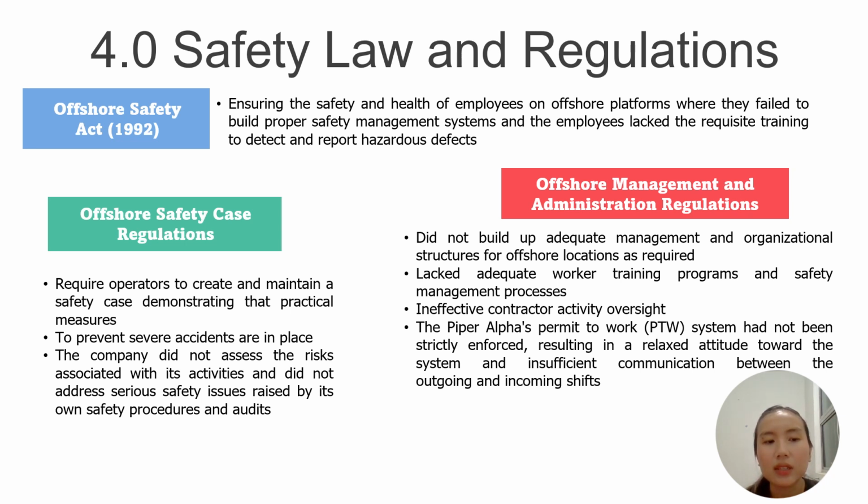The organizations violated the Offshore Safety Act of 1992, which established the legislative framework for ensuring the safety and health of employees on offshore platforms, where they failed to build proper safety management systems and the employees lacked the requisite training to detect and report hazardous effects.